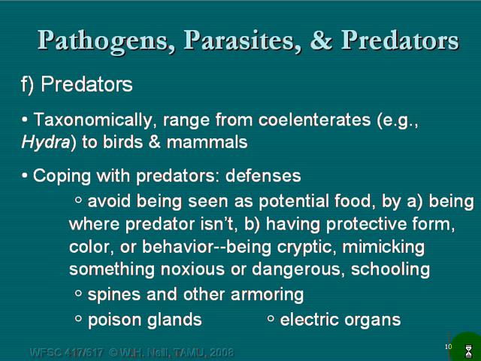Mimicking something that's noxious, and I don't know any really good examples. There's probably some good examples among the wrasses of looking dangerous, or something that looks like a moray but isn't, like something looks like a monarch butterfly but isn't. It's a viceroy. And then schooling is considered by a lot of folks to be essentially protective behavior.